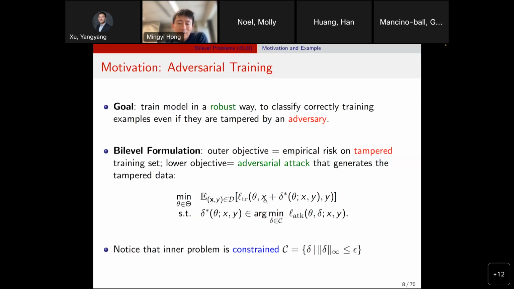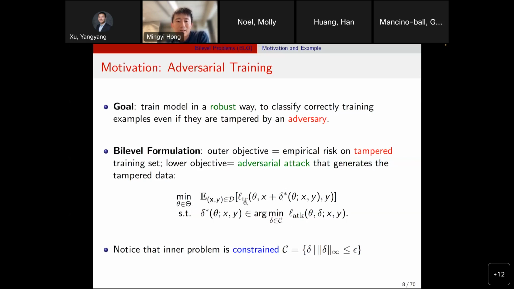Now for the upper level, how does the strategy destroy the model? The adversary's delta star affects the trainer's data sample. So x plus delta, you're trying to tamper with the data. Y is the label. So here the adversary is trying to tamper with the data, but then the robust trainer wants to take that into consideration and minimize with respect to its model itself.